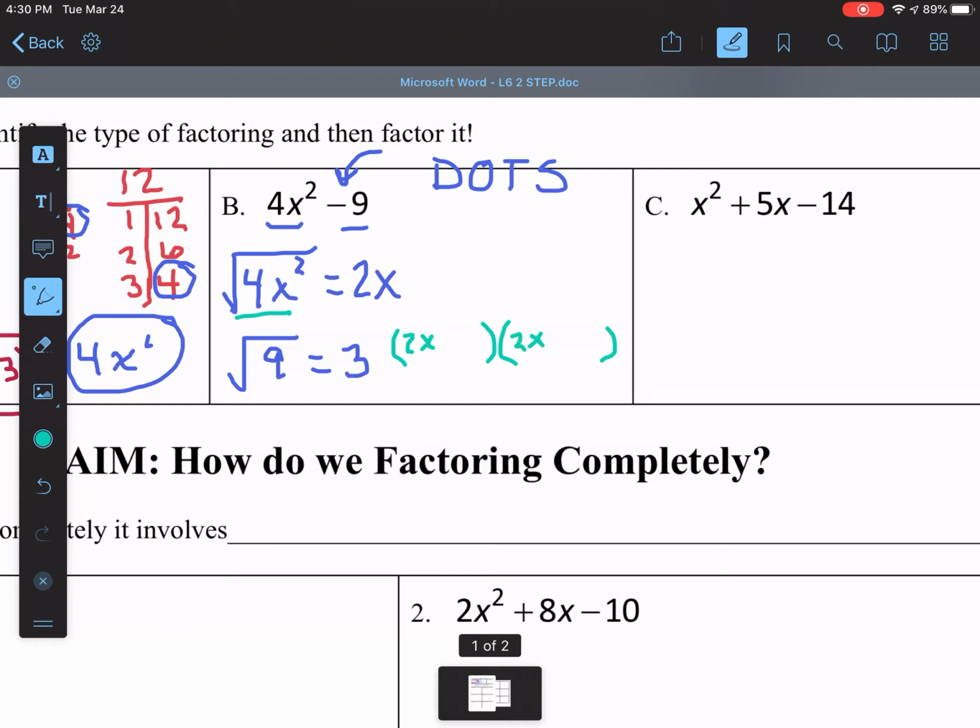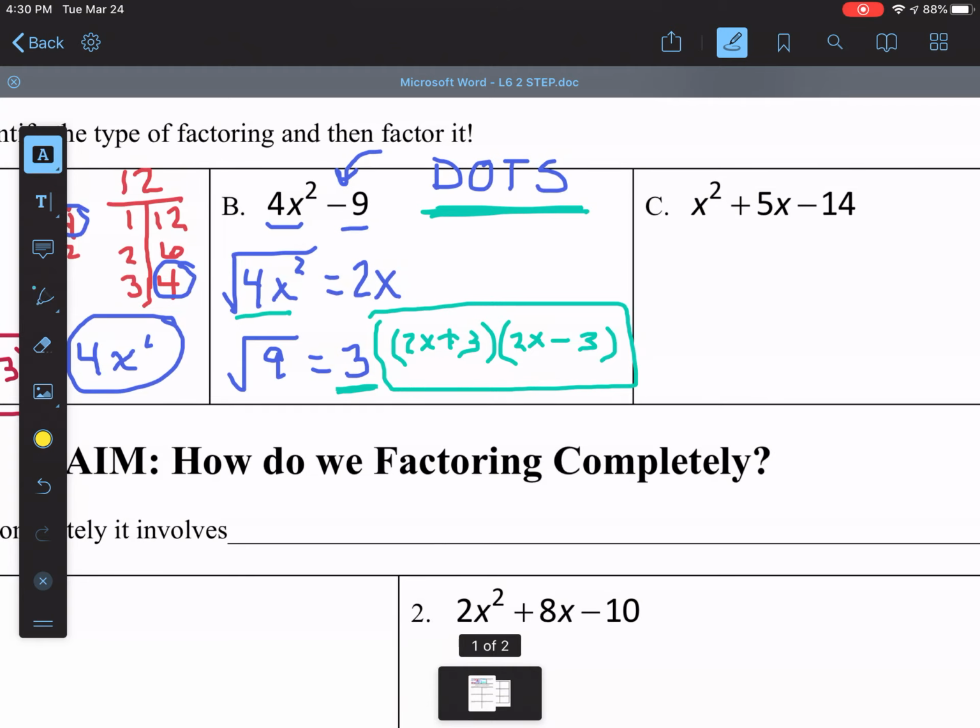Then the 3 goes in the back of each bubble. And for the signs, whenever it's dots, you're always doing plus and minus. It doesn't matter which one, you can do minus and then plus. It doesn't make a difference as long as one of them has plus and one of them has minus.